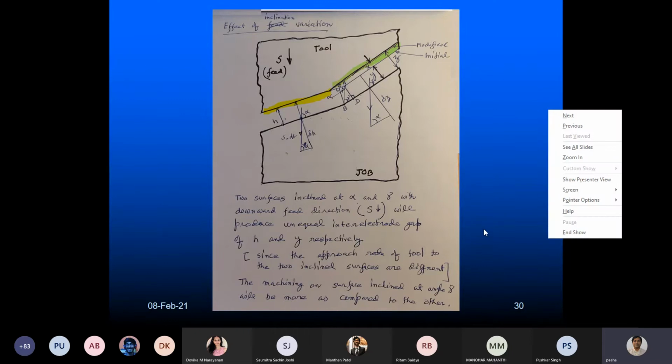Okay, now they will produce unequal inter-electrode gap.